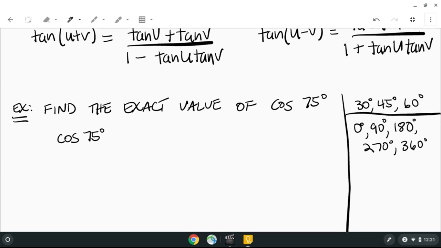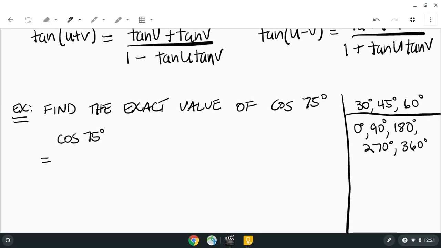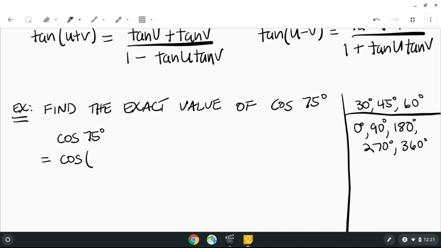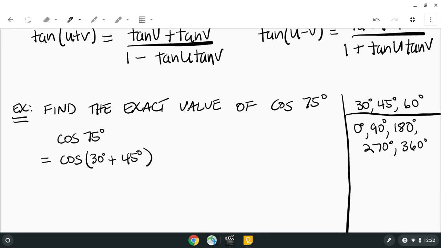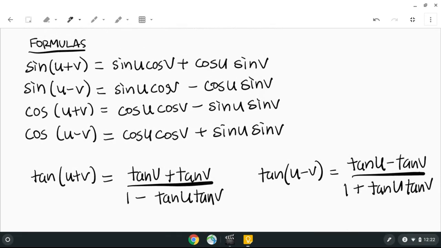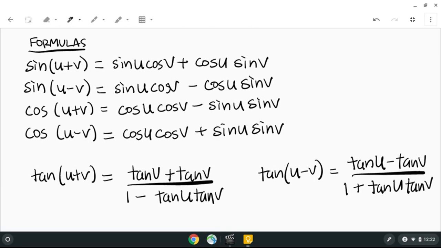Yes. So another way to write this problem is to say cosine of 30 degrees plus 45, right? So that's what you do. You rewrite the angle in terms of a sum or difference of two angles that you do know the cosine of, and then you use your sum and or difference formulas up here.